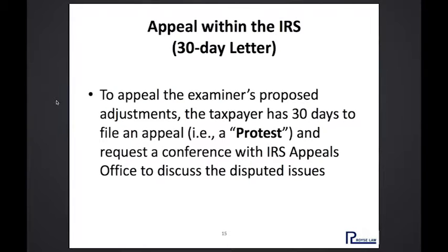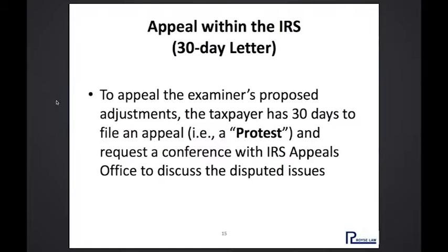All right, so now we're moving on to the administrative appeal within the IRS. And that is, again, with the 30-day letter. The 30-day letter is a pre-assessment letter. It informs the taxpayer that a deficiency is being proposed and notifies the taxpayer to begin the appeal process within 30 days or pay the tax.